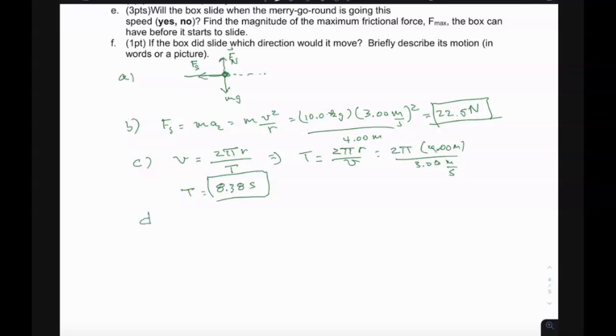Part D. What is the frequency? Well, the frequency is simply the reciprocal of the period. So this is equal to 1 over 8.38 seconds.